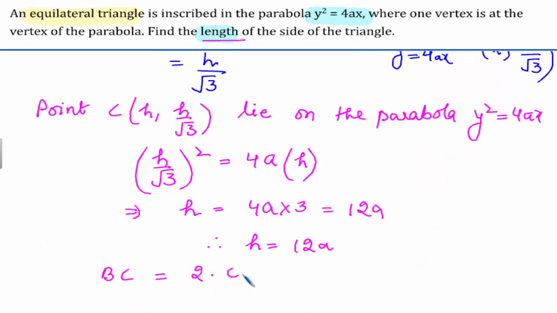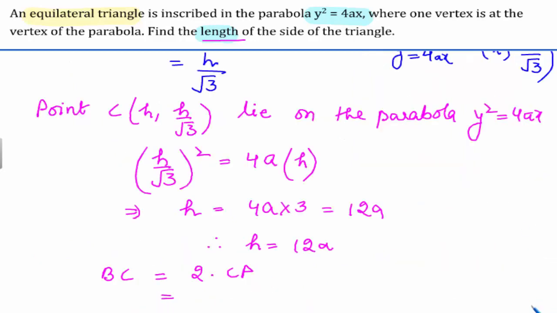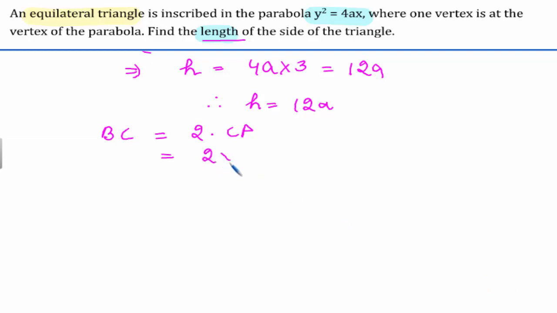And CP is nothing but h upon root 3. So we have 2 into h divided by root 3. Now let us substitute the value of h. So we have 2 into 12a divided by root 3.